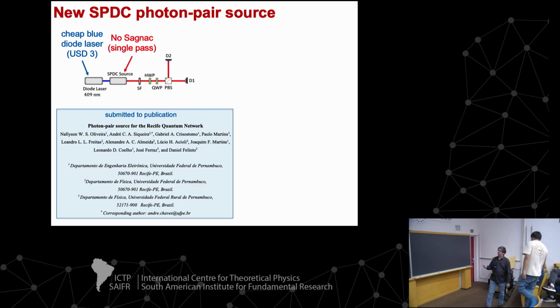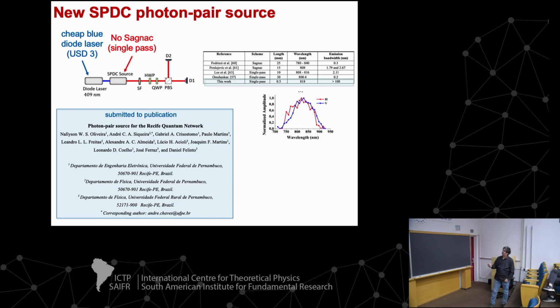But you just do a single pass on it, with no SINAC, and then just use a beam splitter to separate the two fields, and in these two positions you can put, for example, some polarizers. We submitted an article for publication to explain these sources, some characterization, and how it fits in the network.